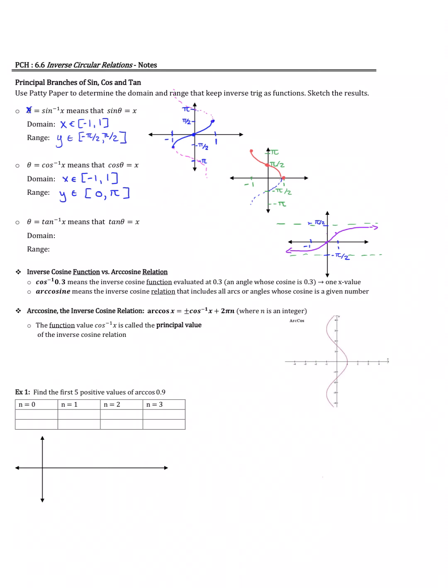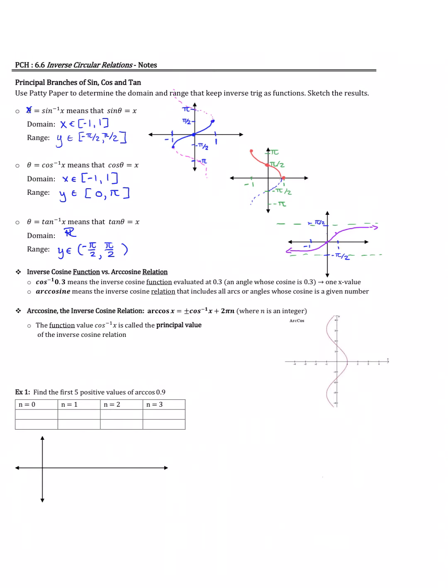So its domain is going to be all real numbers. But the range, and this is important, notice that open brackets, because these are asymptotes, from negative pi over 2 to pi over 2. All right, so what I'm showing you here are what are called principal branches, which affects when we go to evaluate an inverse trig.